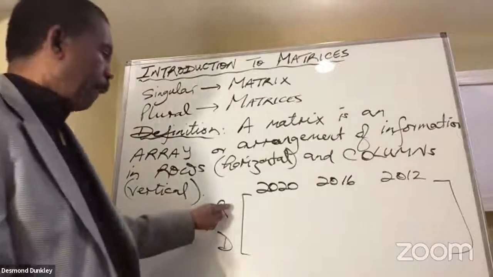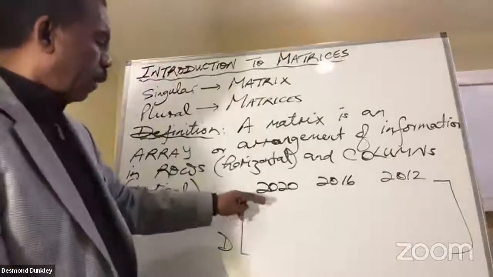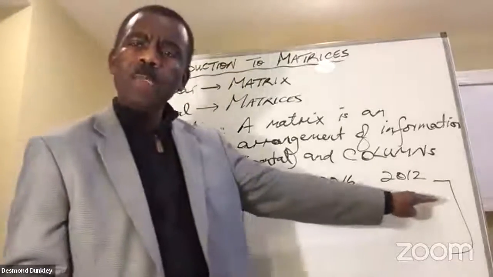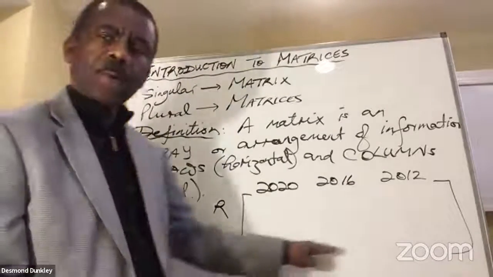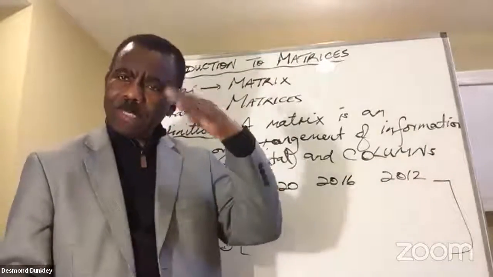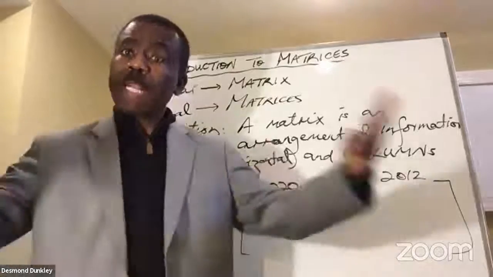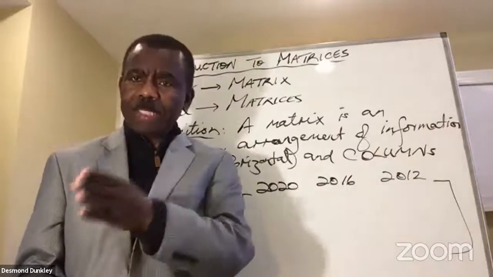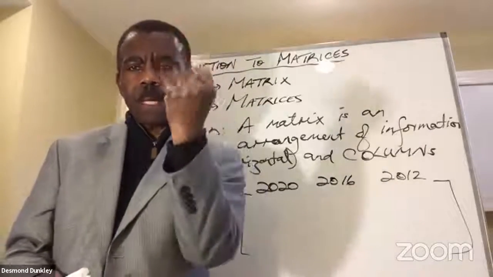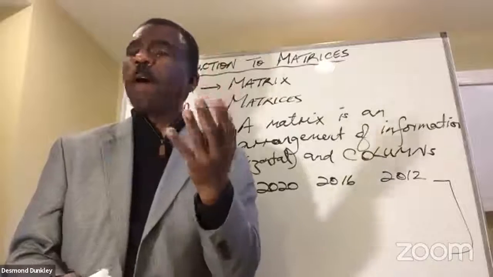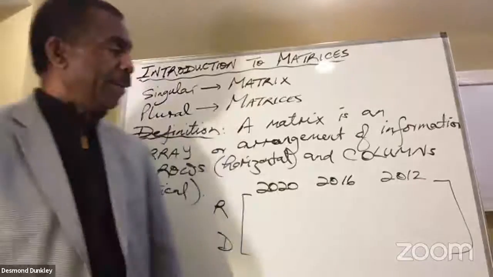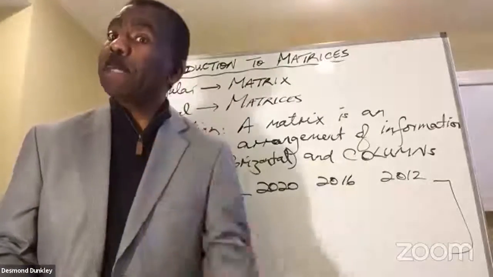So in this, the first row could give you the number of people who voted Republican in 2020, 2016, 2012, and the number of people who voted Democrat in the same time frame, and you could see if there is a trend. You could actually spot trends so you can make projections and make plans in a strategic manner. So again, with a matrix, you're able to catch a very good glimpse, a good summary of significant information in a tabular form, okay? And then you could do different arithmetic with matrices.